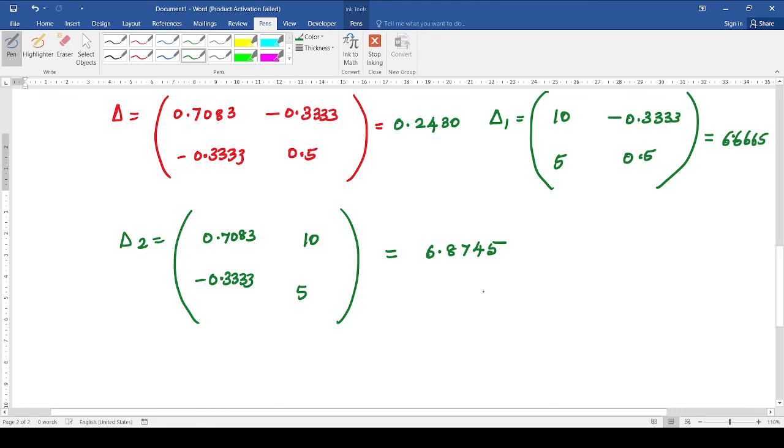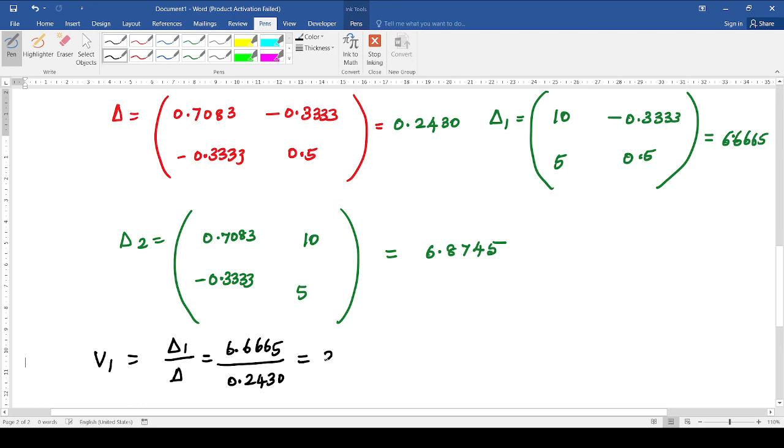After getting these values, I am going to find out the values of V1 and V2. V1 is delta 1 by delta. What is delta 1? That is 6.6665. What is delta? 0.2430. The answer is 27.43 volt.